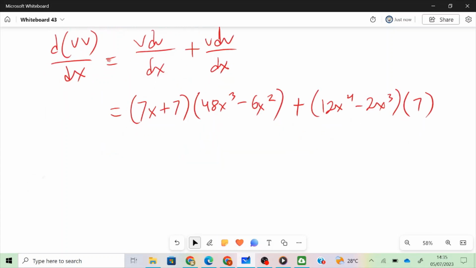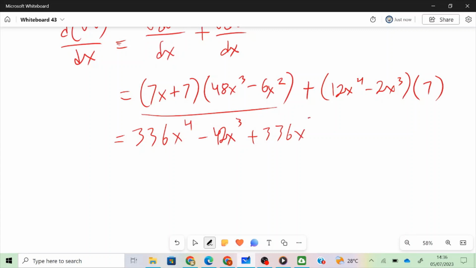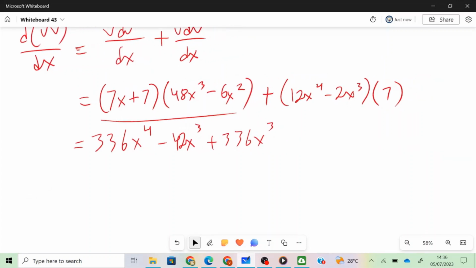Expanding our brackets again, this side over here, this is 7 times 48, that's 336x to the power 4 minus 42x to the power 3 plus 336x cubed, and minus 42x squared.